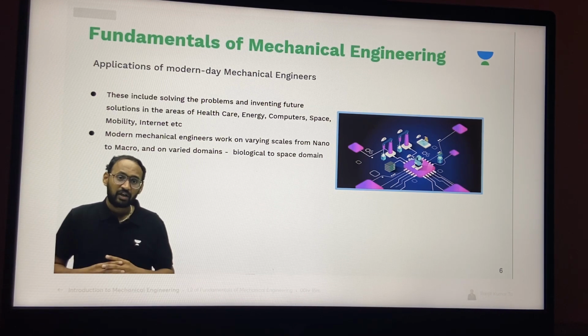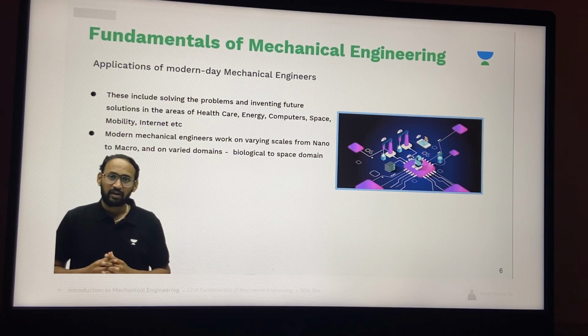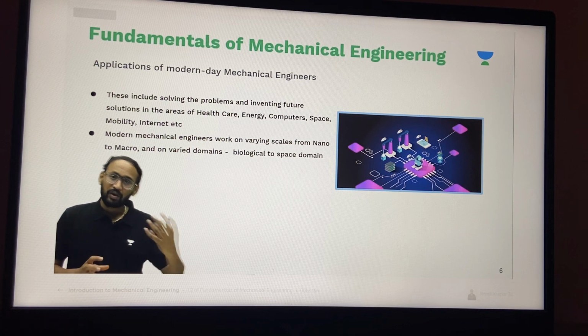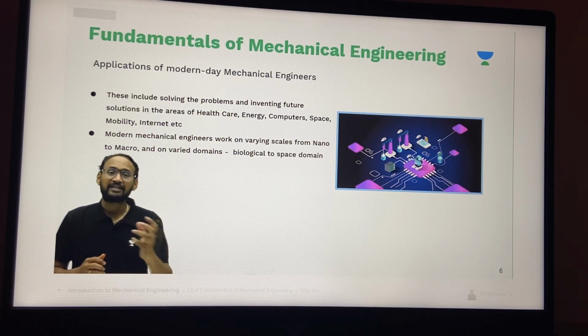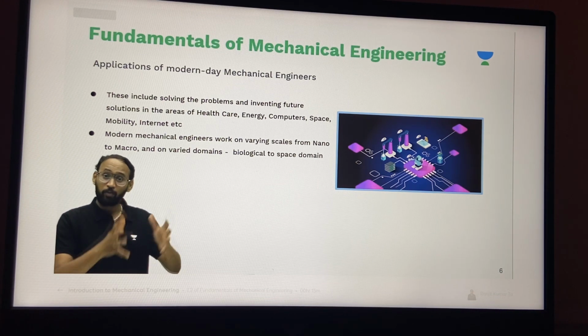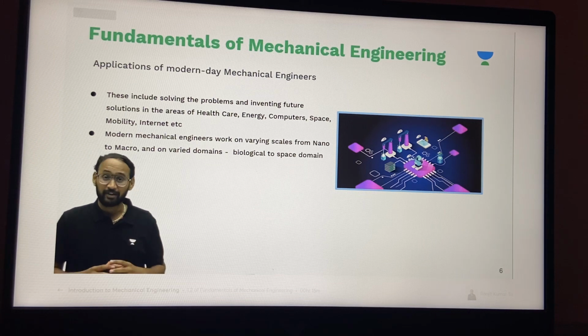For example, if you see some of the solutions we are working on as mechanical engineers, healthcare. I can't imagine what the role of a mechanical engineer was in the past in healthcare. Of course, the scope was there, but it was pretty limited.